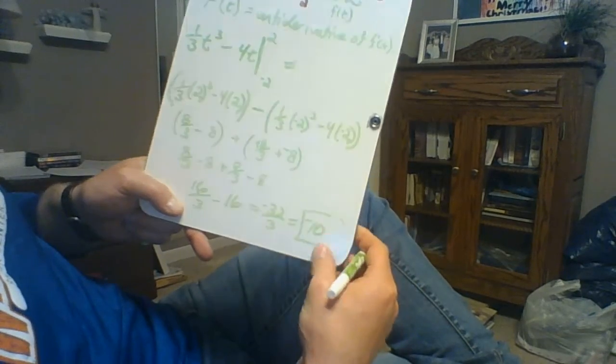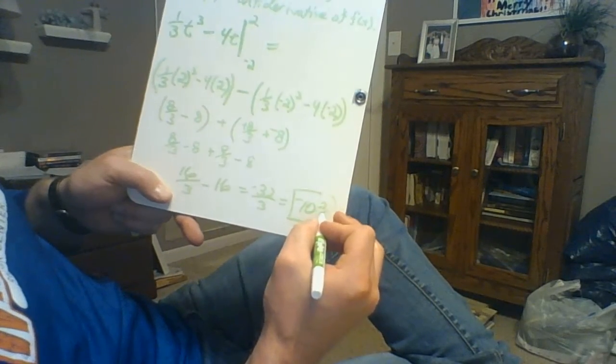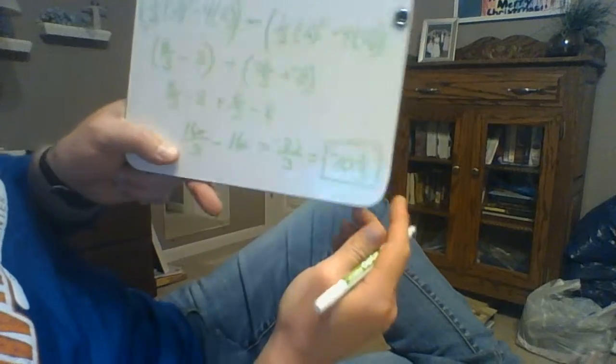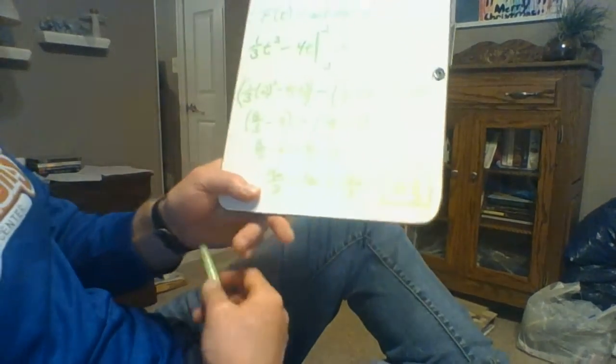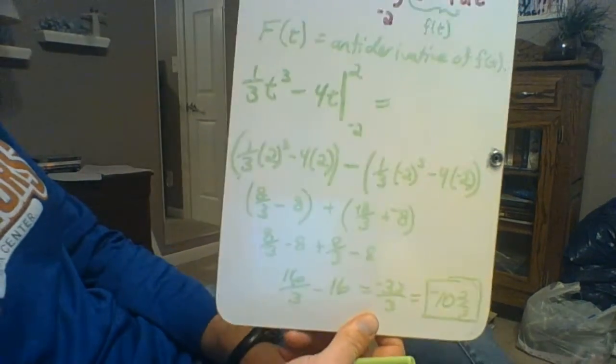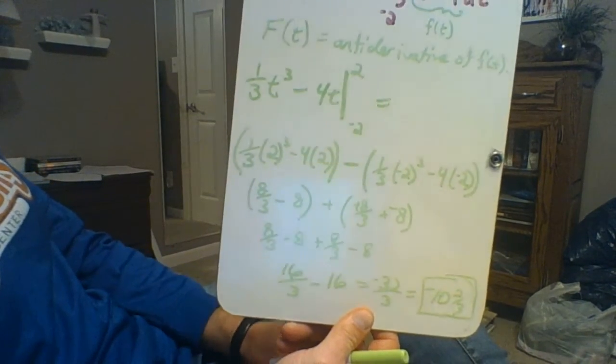Okay, I didn't write that very well. -10 and 2/3. Okay, now that's the long way. That's the process that I want you to learn, though. That's utilizing fundamental theorem of calculus part 2.